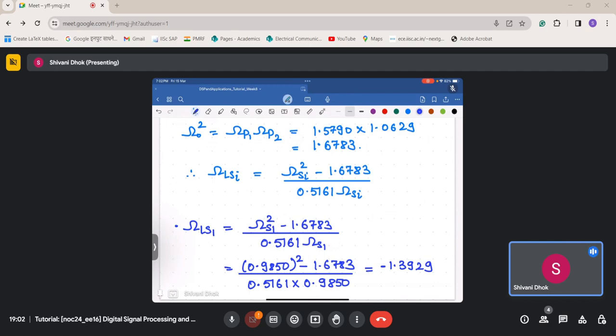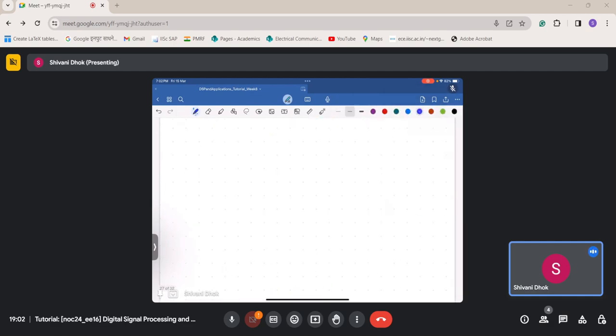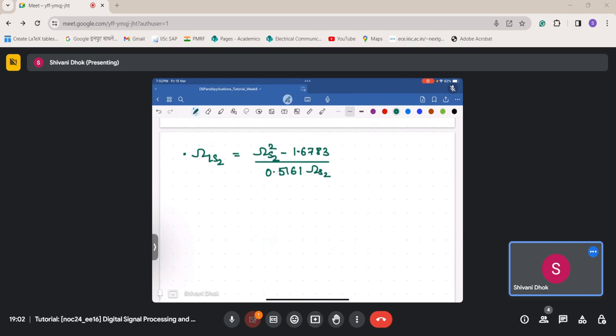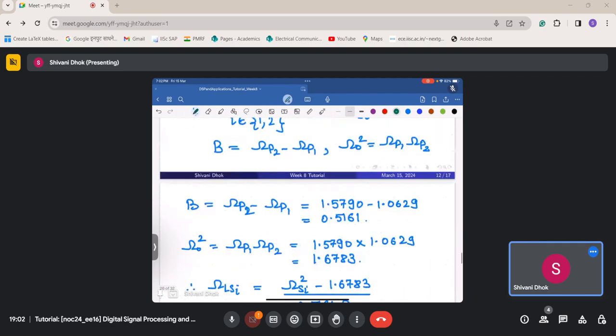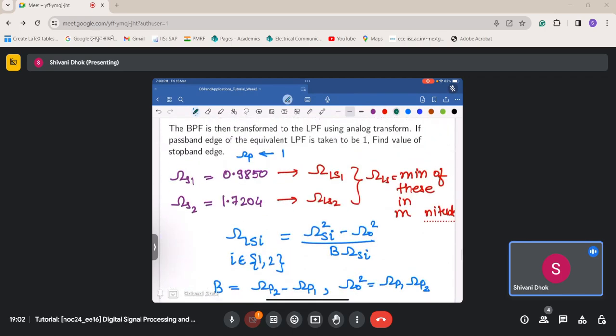We have another stop band edge and we need to repeat the same process for another edge also. So for another edge we have omega ls2, which is equal to omega s2 square minus omega naught square, which is 1.6783 divided by 0.5161 omega s2. And this omega s2 we had found out as 1.7204.